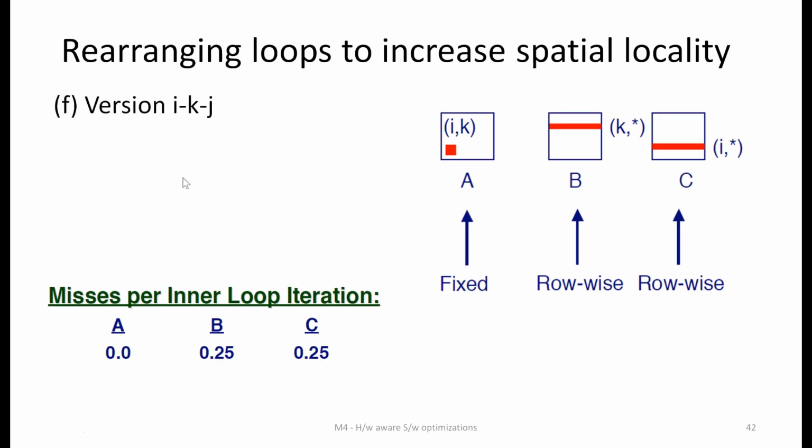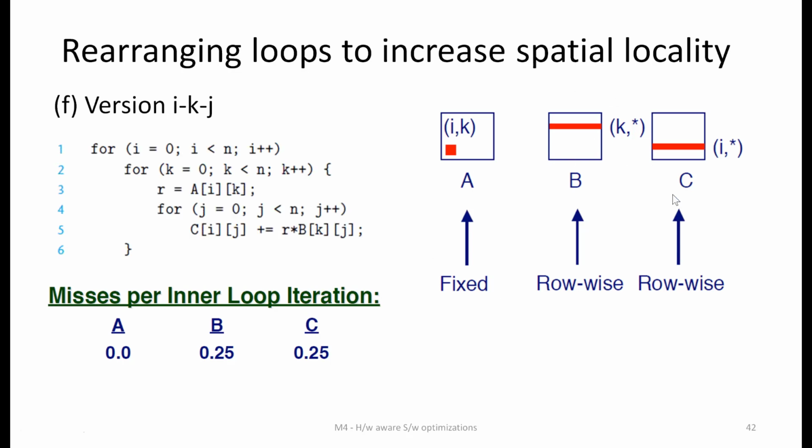Another variant is ikj. I have already put up the way the access would be. We have the i loop as the outermost loop, followed by k, and the innermost loop is j.